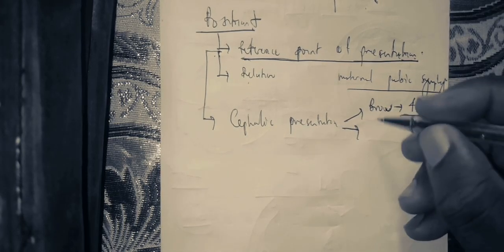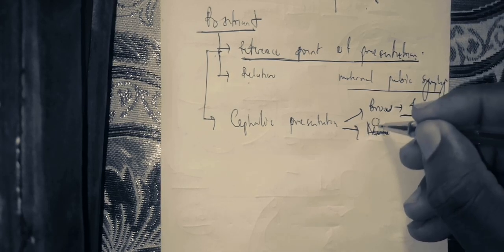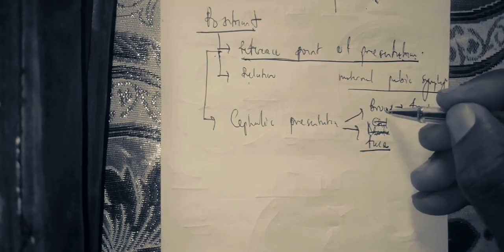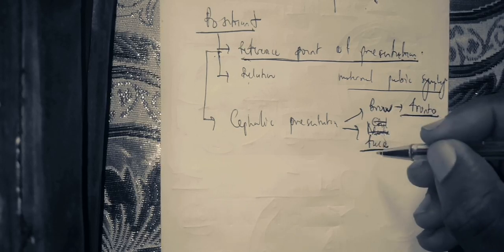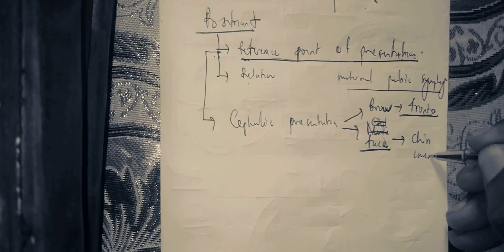Is it clear? Now, when you have a chin or face presentation, we first have the brow presentation, then you have the face presentation. When you have the face presentation, it is the chin, or the mentum, which is the reference point.